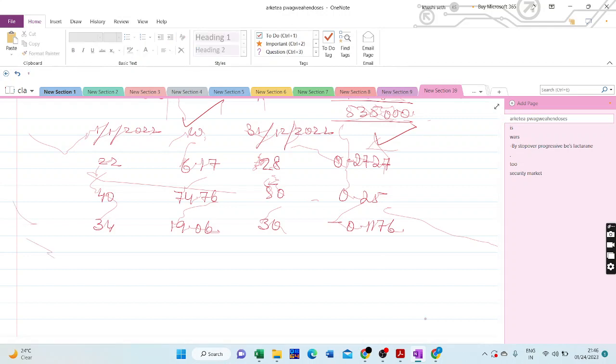So the return would be basically 0.0617 into 0.2727 plus 0.7476 into 0.25 minus 0.1906 into 0.1176. How much do you get?